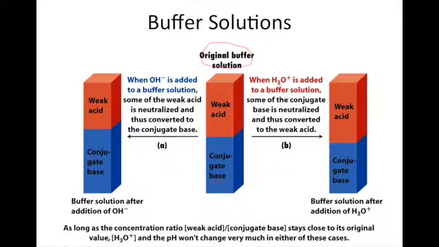If a strong acid, hydronium, is added, some of the conjugate base is neutralized, and therefore the concentration of the weak acid gets increased slightly. But overall, the pH, the concentration of H3O plus, does not increase dramatically. So as long as the concentration ratio of the weak acid and conjugate base stays close to its original value, the pH doesn't change that much.